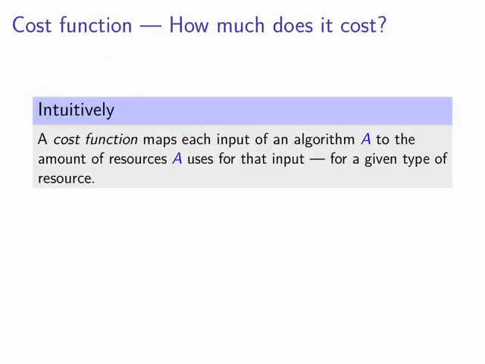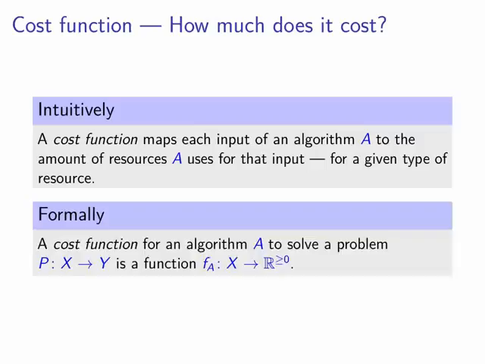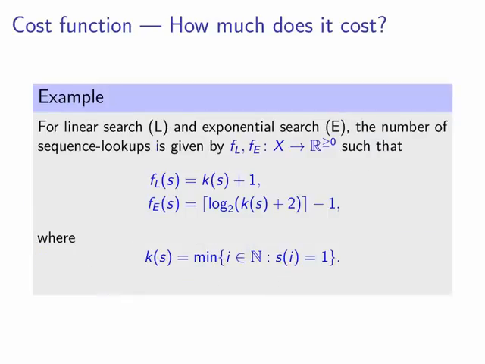A cost function tells for each input of the algorithm how many resources the algorithm uses for that input. If we are interested in the number of sequence lookups in linear search and exponential search, then those are given by these cost functions.